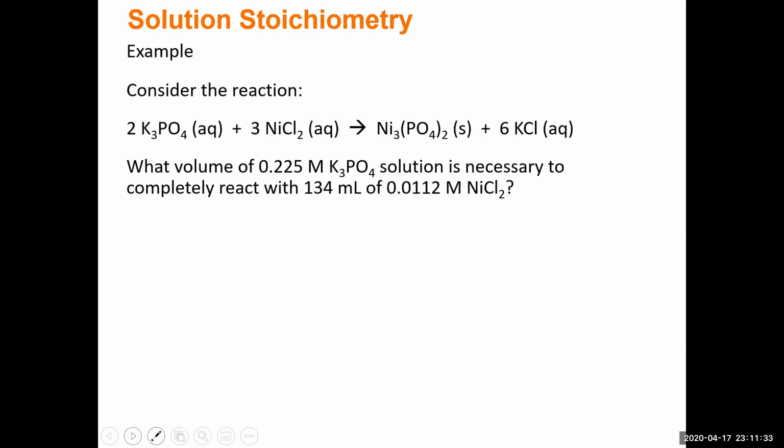So what volume of 0.225 molar K3PO4 is necessary to completely react with 134 milliliters of 0.0112 molar NiCl2?